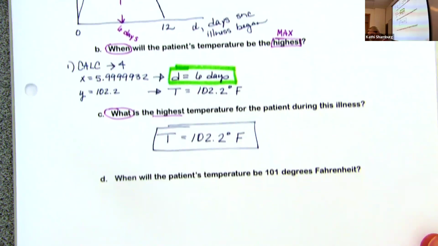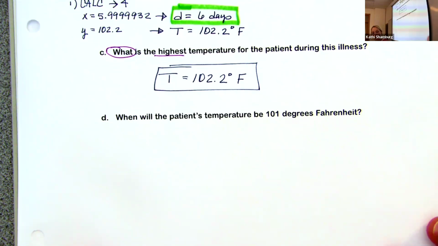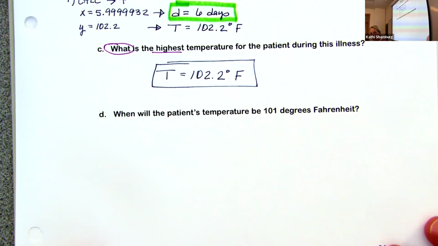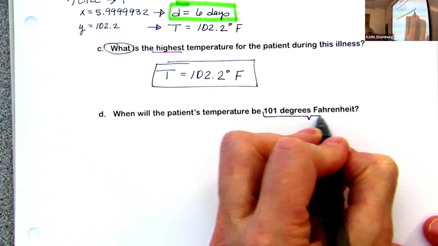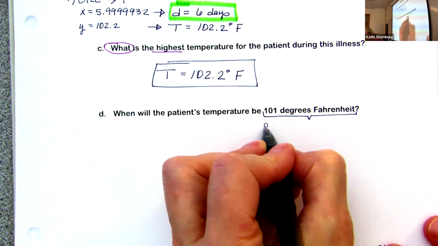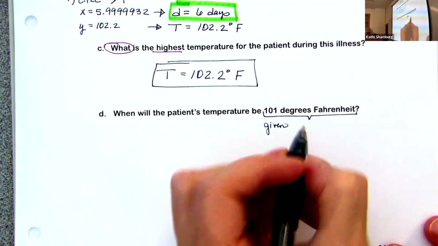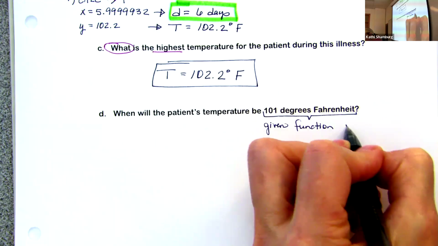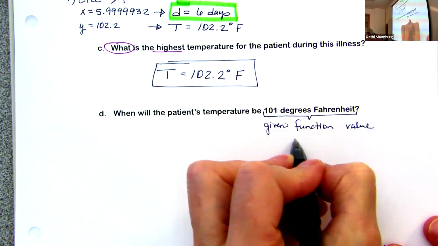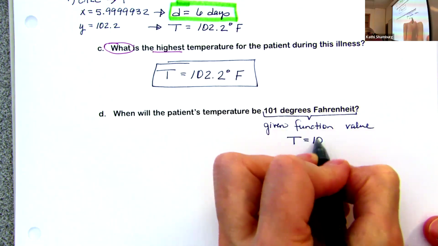Okay. When will the patient's temperature be 101 degrees Fahrenheit? What was given, variable or function? Function value, which is T equals 101.